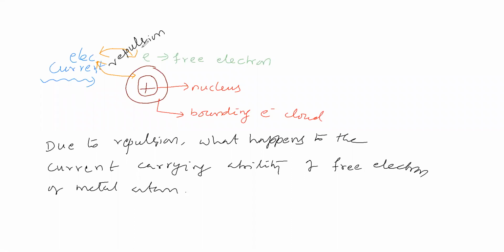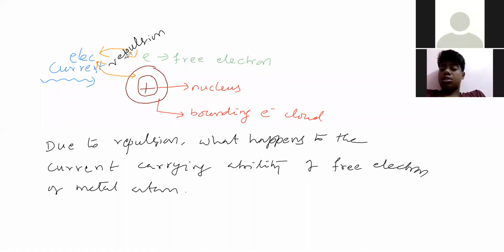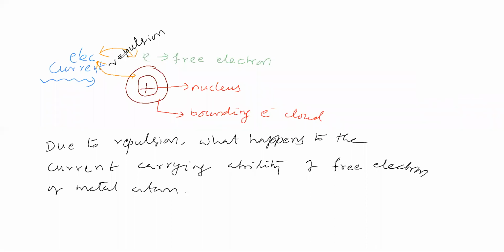Due to this repulsion, the tendency of this current electron and this free electron to collide, the effectiveness of collision, will it reduce? You are saying it varies.